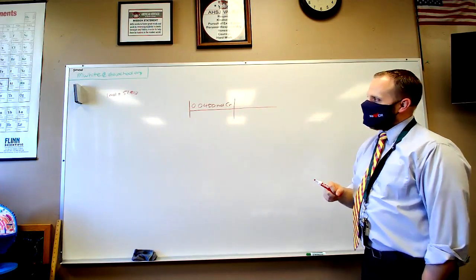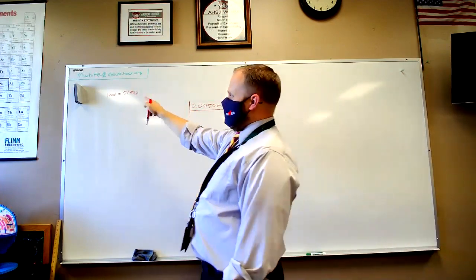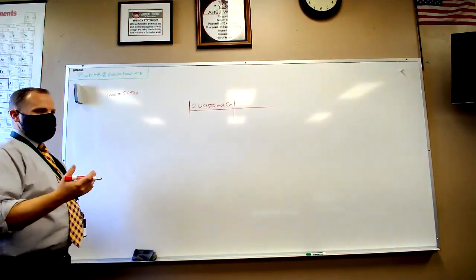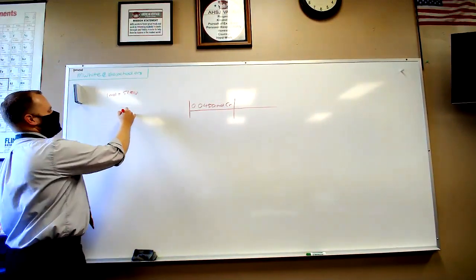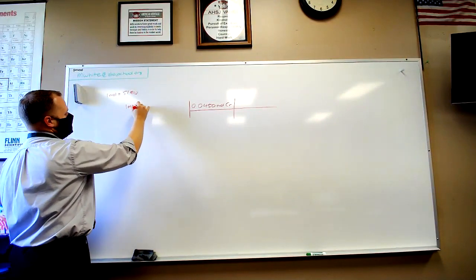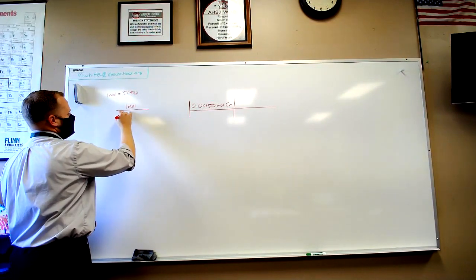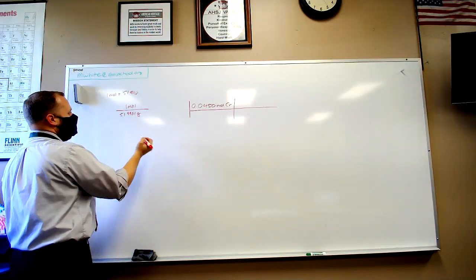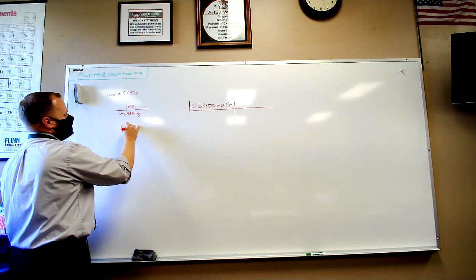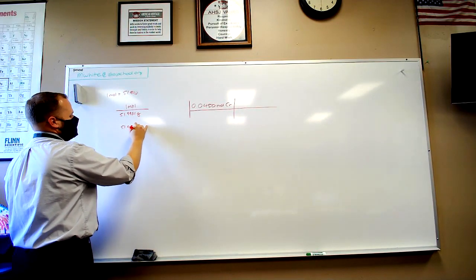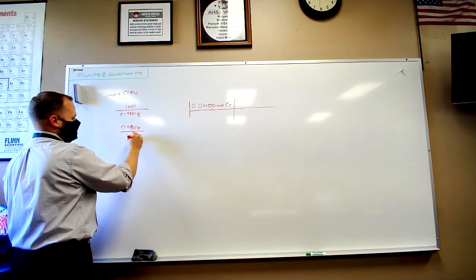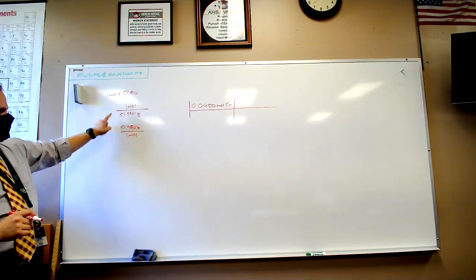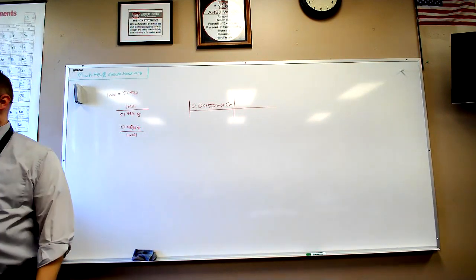So now, since we know this, we can set up our two equivalencies, okay? So we can say 1 mole over 51.9961 grams, or 51.9961 grams over 1 mole. Okay? So our next thing is going to be one of these two. How do we decide which one we're going to use?